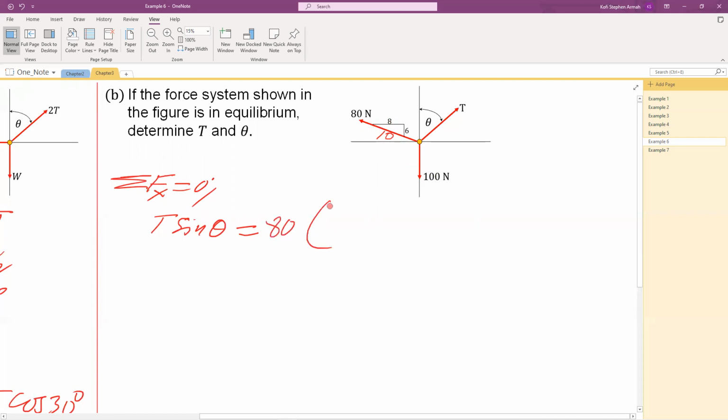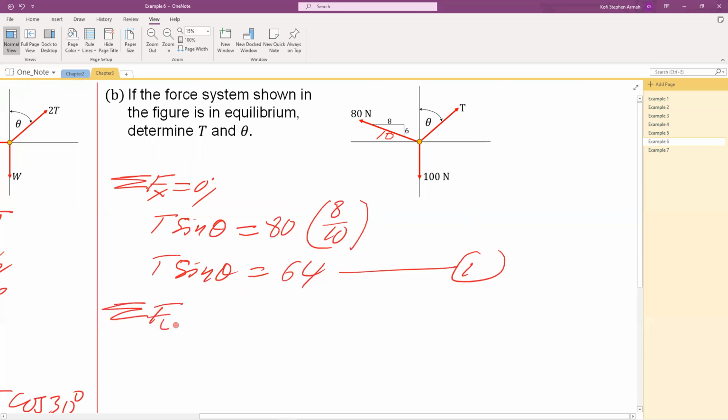The 8 is in this direction, so it is 8 over 10. Very easy. This ends up T sine theta, 0 cancels 0, so that is 64, and that is equation 1. Then you go to summation of forces in the y equal to 0.